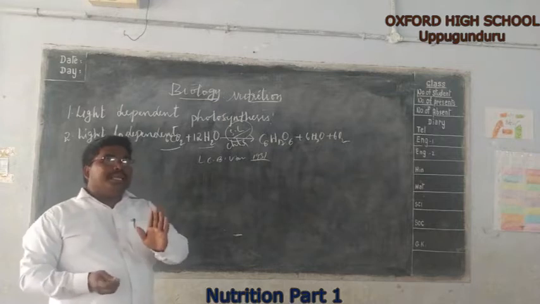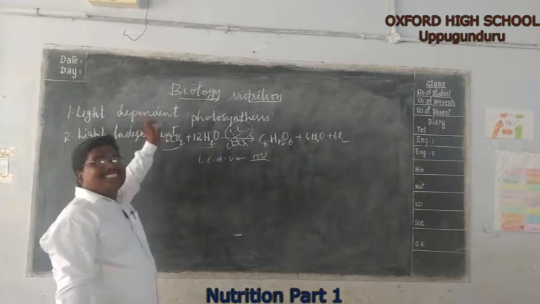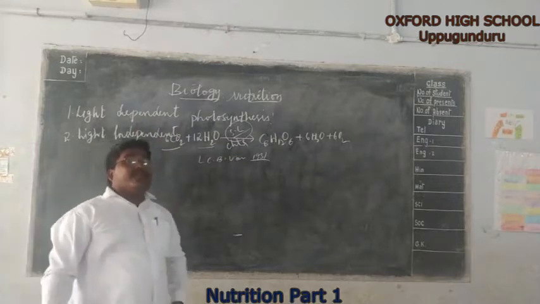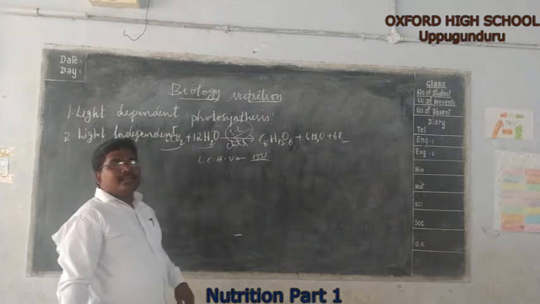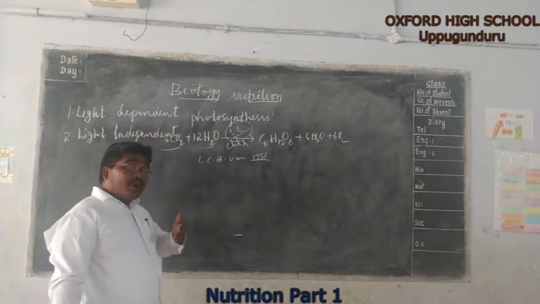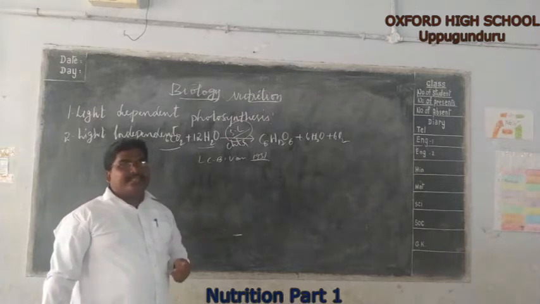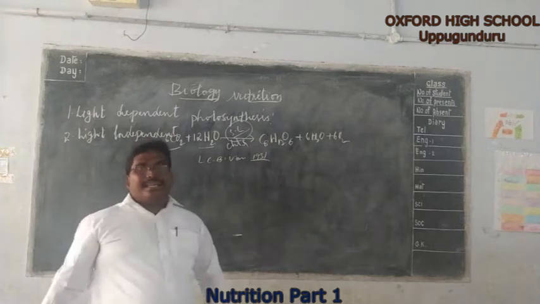No, only a few reactions require light. The reactions which require light are called light-dependent reactions, and the reactions which do not require light are called light-independent reactions or dark reactions.